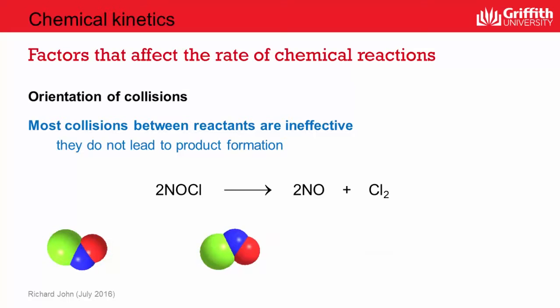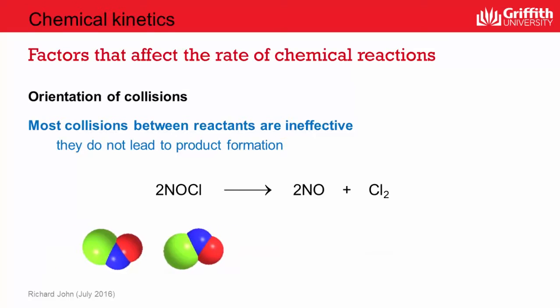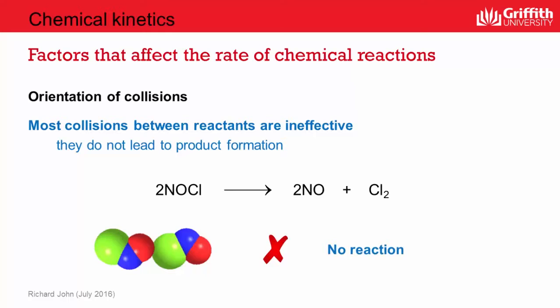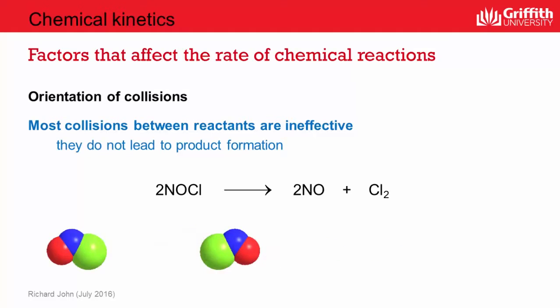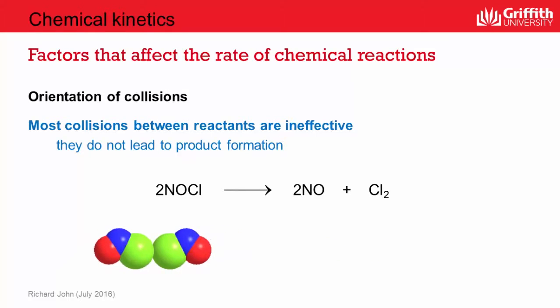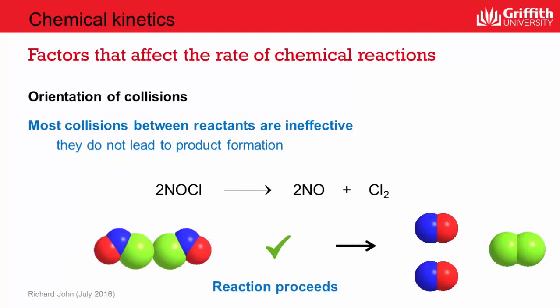Similarly, if the reactant molecules collide in this orientation, there is also limited opportunity for the appropriate bond breaking and bond forming. If, however, the reactant molecules collide with this orientation, there is much greater likelihood of the breaking of the nitrogen-chlorine bond and the forming of the chlorine-chlorine bond, and therefore a much greater likelihood of the reaction actually proceeding.